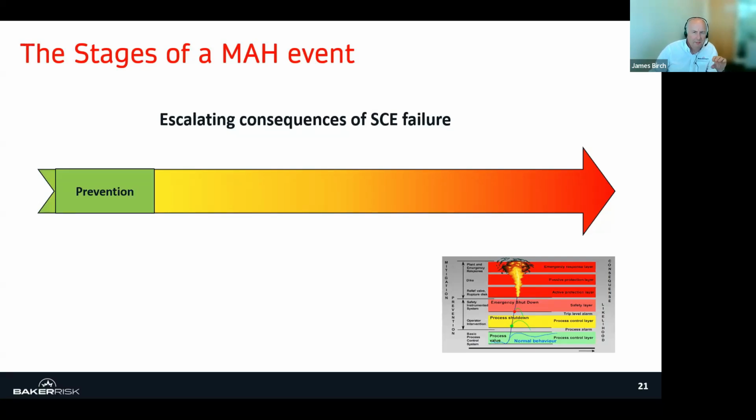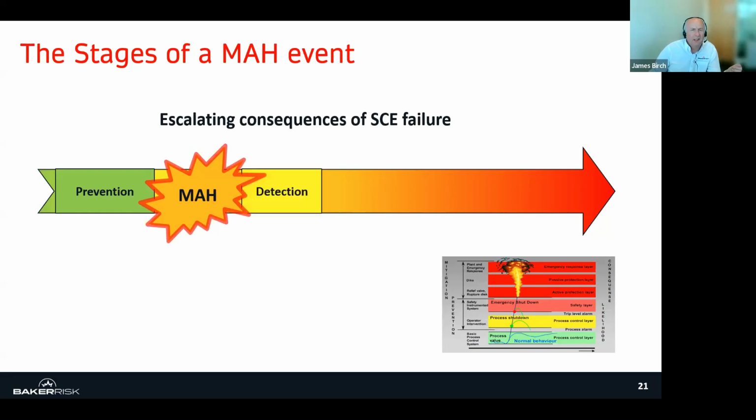But if those barriers fail, we come through and we have an incident. What do we need to know now? The first thing is that that's actually occurred. It may be that someone sees the flames and hears the explosion. That's not really how we want to find out.